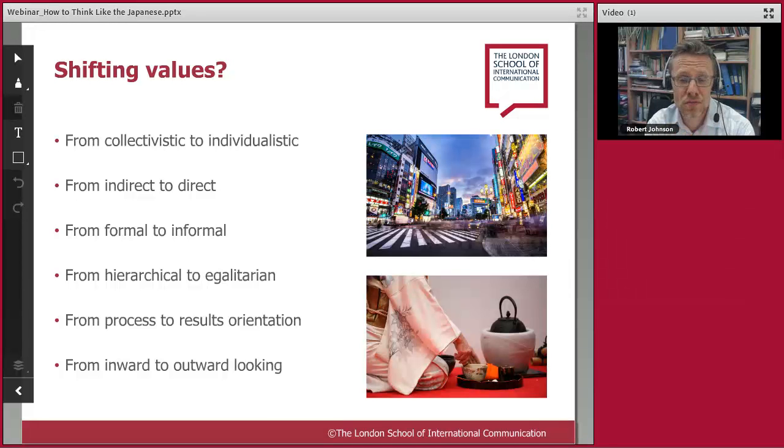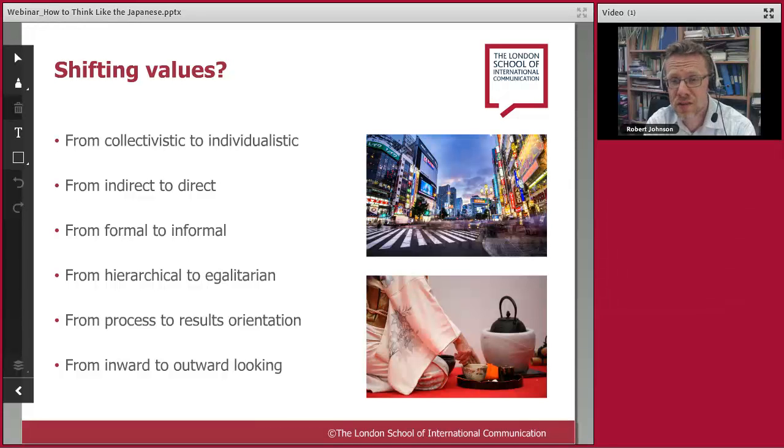Japanese in general are very much into doing things for themselves and for expressing themselves through fashion, through nice products that they can buy. They're very much a materialistic and consumer-based society. So they're not as conformist and collectivistic as they maybe used to be in past decades. So the Japanese you find in Japan today are probably a bit more individualistic than they used to be.